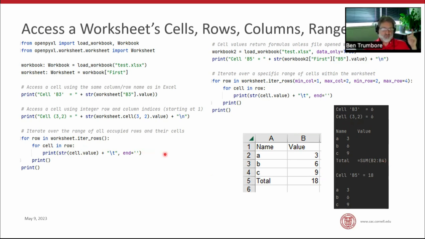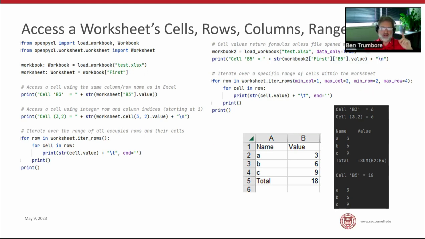So this is a big difference between OpenPyXL and ClosedXML. When you load a workbook, it's going to treat all of the stored values as the value of the cell, whether they're a function or not.